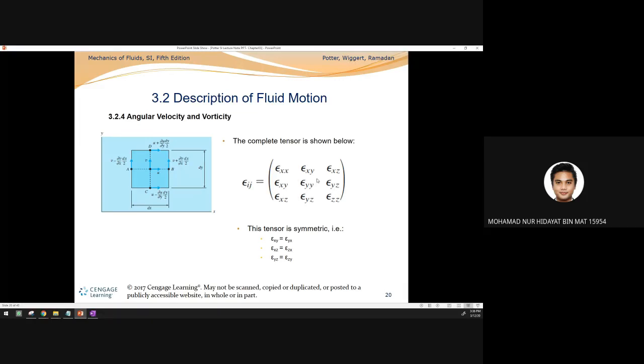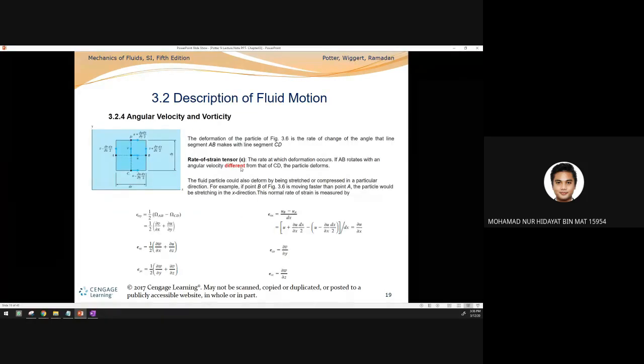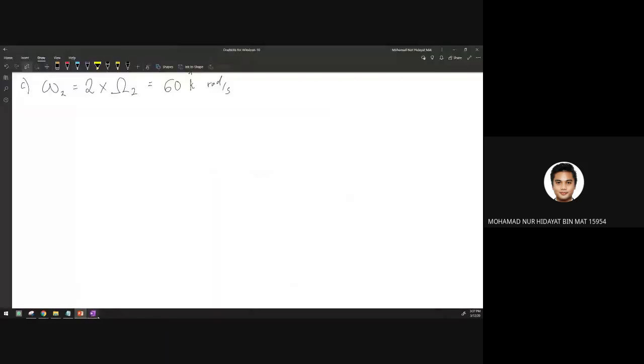These 9 components we call a tensor. So the rate of strain tensor is the rate of deformation. If AB rotates with angular velocity different from CD, it produces this formula: epsilon xy is equal to half of the partial derivative of v over x plus partial derivative of u over y, and so on. So based on this formula, we're going to solve these questions.